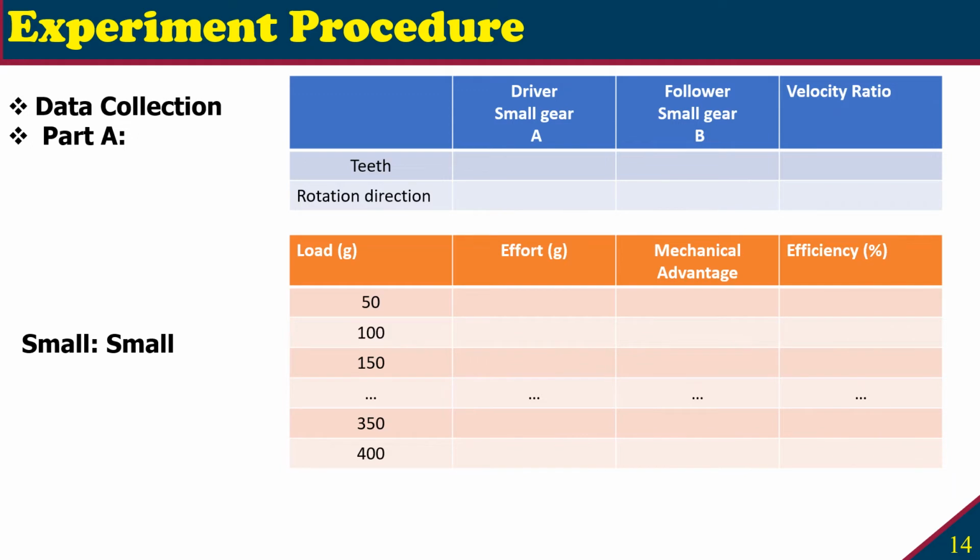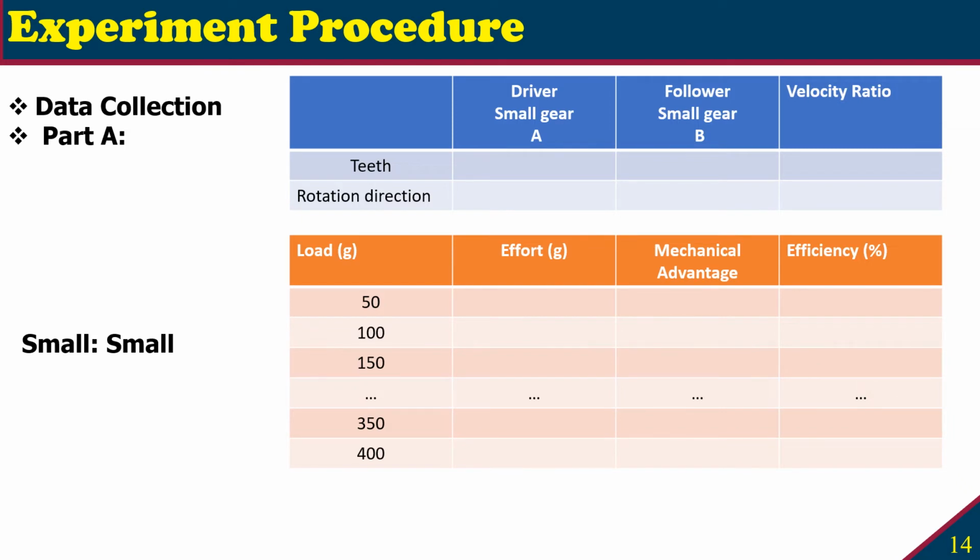The first is part A, where we're going to attach 2 small gears of the same size. You have to count the number of teeth on both small gears, find the velocity ratio, and also find the rotational direction for gear A and gear B, both small gears. Is it clockwise or counterclockwise?